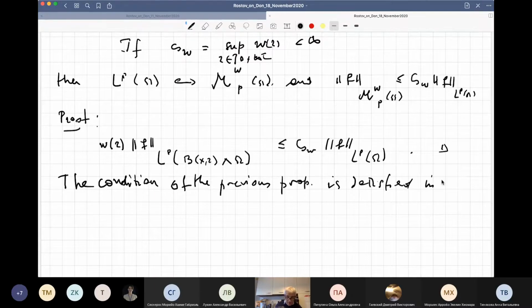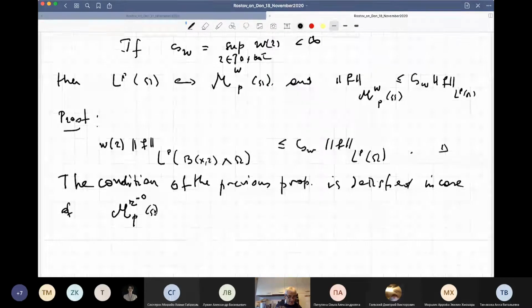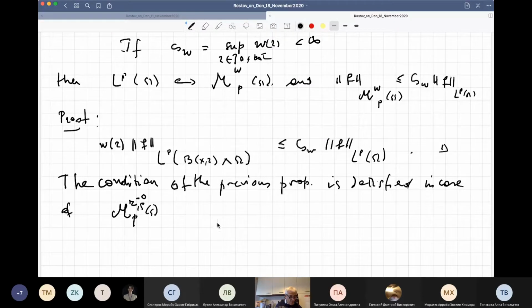Let's take the Morrey space M with weight r to the minus 0, which is 1, which is obviously bounded, for all rho greater than 0, but not only in that case. In the case of M with r to the minus 0, P, omega, which is identically the weight.